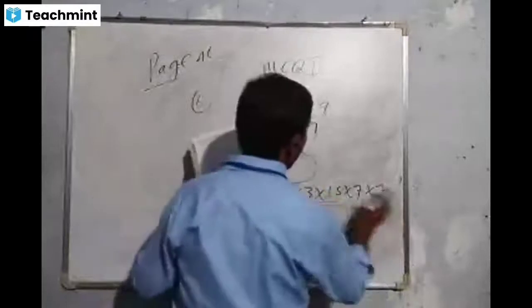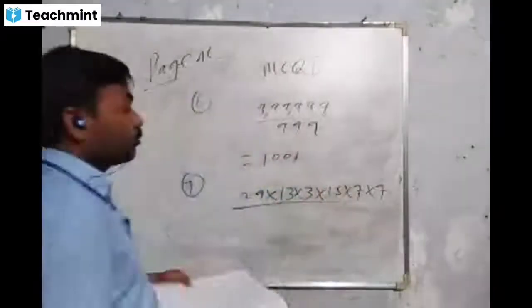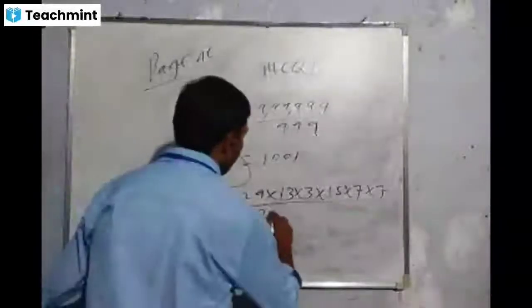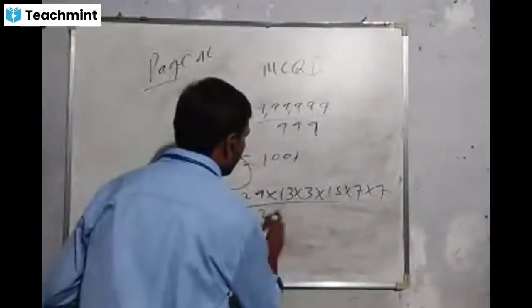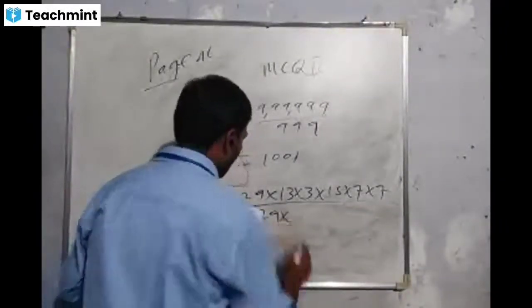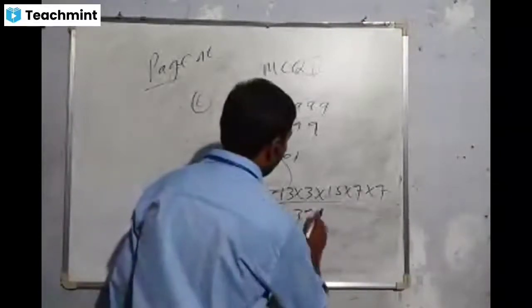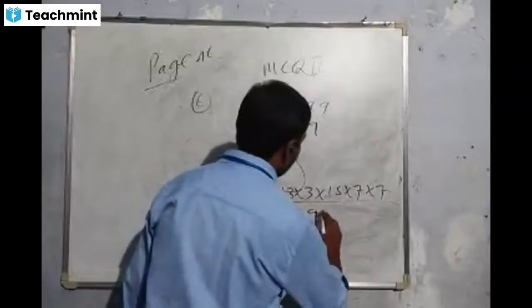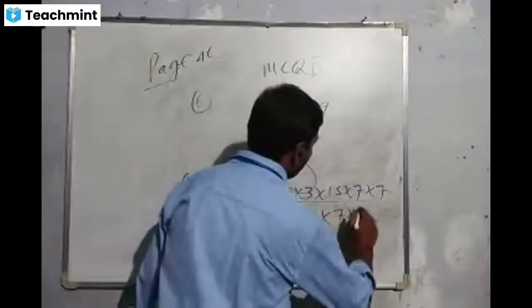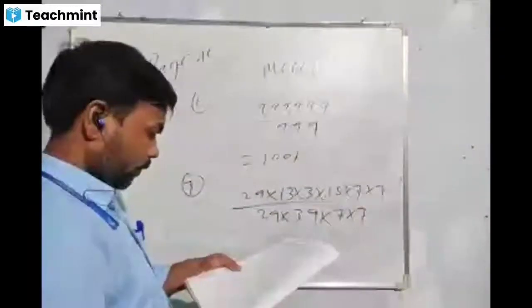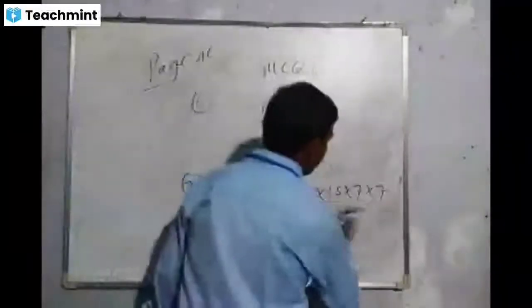Here it is asking how many times this should be divided by this number: 29 multiplied by 39 multiplied by 49. Sorry, 49 is given here.